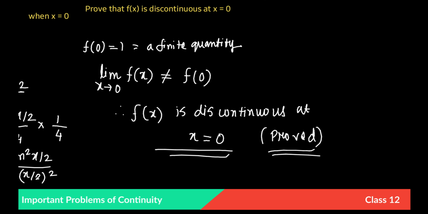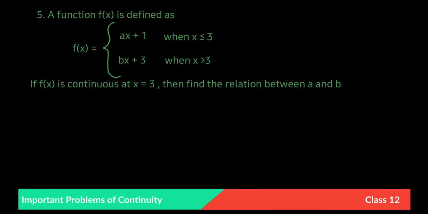Okay, now we come to the last question, that is the fifth question. So it is said a function f of x is defined as f of x equal to ax plus 1 when x is less than equal to 3, and bx plus 3 when x is greater than 3.